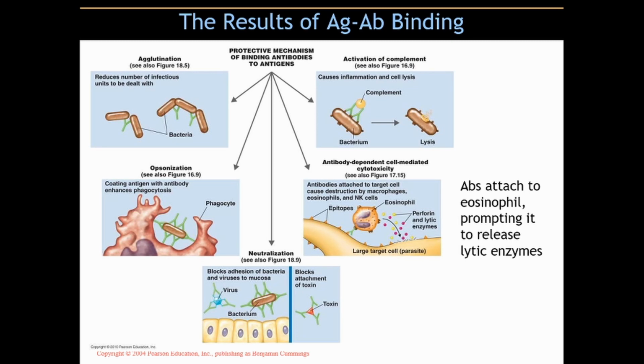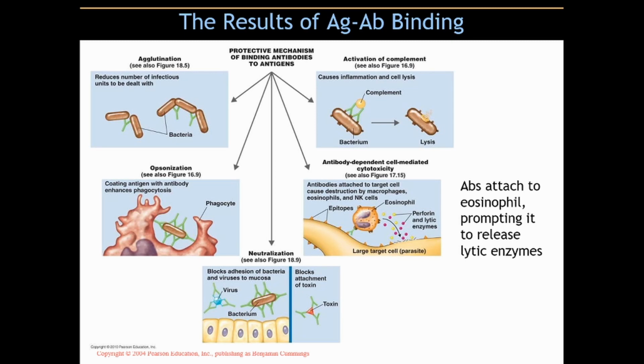Neutralization. What happens here is that it's going to block adhesion, and you see the different examples that they give. Block adhesion of a virus, so it can't enter a cell, which is, of course, what it has to do. They're obligate intracellular parasites, so they have to get into a cell. It'll neutralize bacteria so that they don't form biofilms, and if they can't form biofilms, then their pathogenicity goes way down.